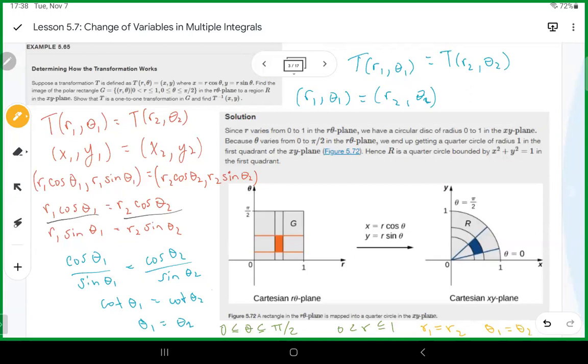So that means that T is a one-to-one transformation from G into R.